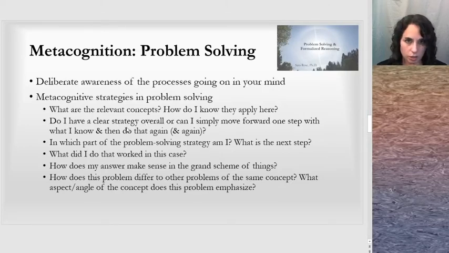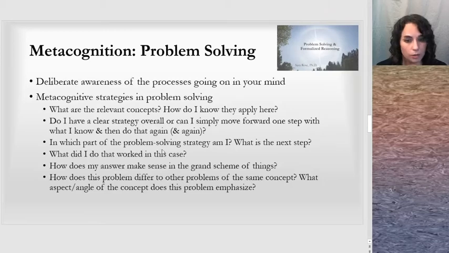Do I have a clear overall strategy? Sometimes you can see the strategy, how many steps out, or sometimes you only are able to get it started and then don't have an idea after that, and that's fine. Sometimes that's what happens. A lot of times that's what happens when we solve problems. You may just simply move forward one step with what you know and then figure out what to do after that, and that's a fine way to solve it.